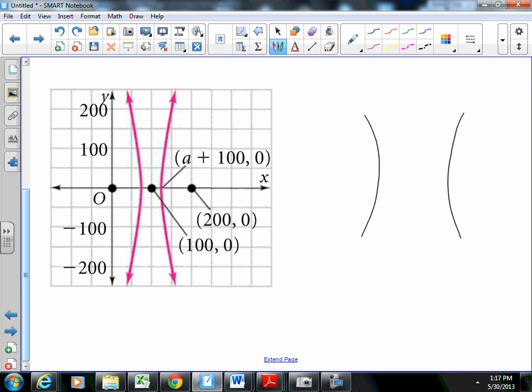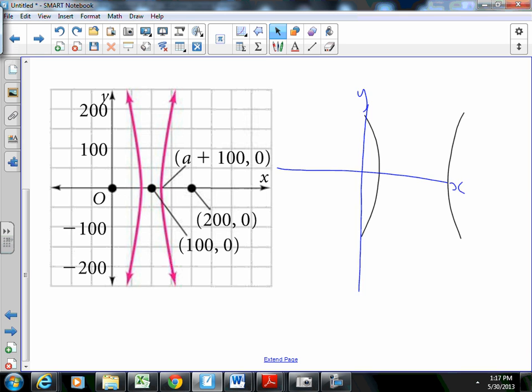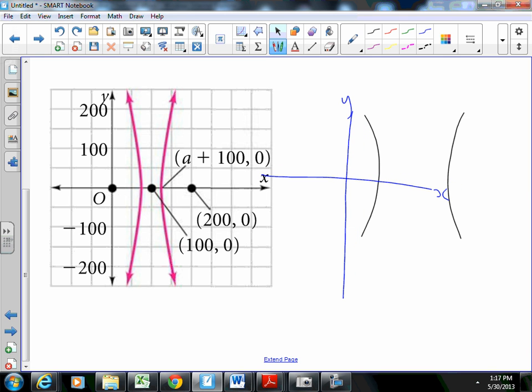So here's a hyperbola. Here's y, here's x. Now this is translated slightly, which means that the axes are slightly over, a little bit like this. In a hyperbola, this is the center, which means that this distance here is A, and we've got B coming up here.